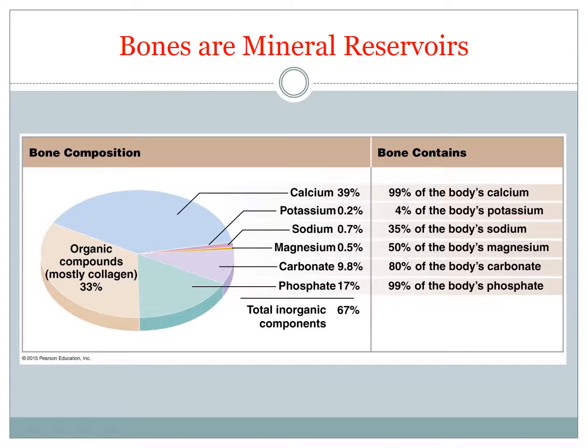And as you can see here, our bones are mineral reservoirs. Our bones contain most of the body's calcium as well as other important compounds noted on the slide. Calcium and phosphate are the two predominant minerals found within our bones.